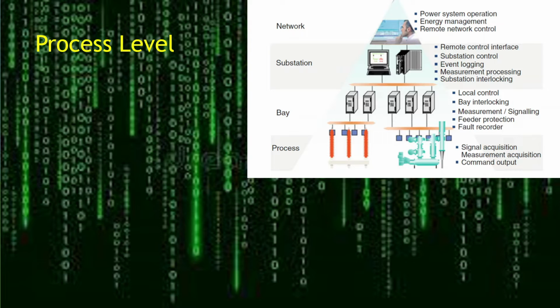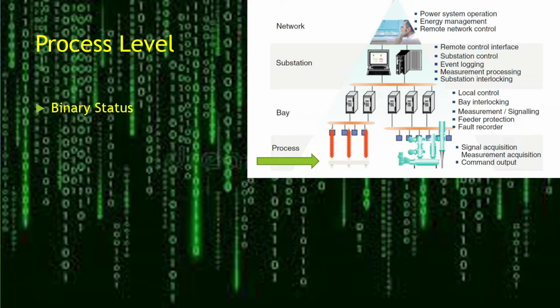Then binary output commands are set for the control of switchgear, tap changer, and various equipment for protection, automation, or auxiliary needs. Analog target values may be set to change the behavior of regulation facilities. Example, the target values for voltage can be set to the transformer voltage controller. So that is the process level.